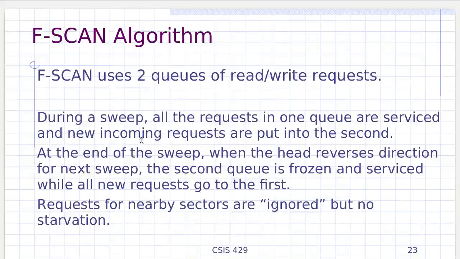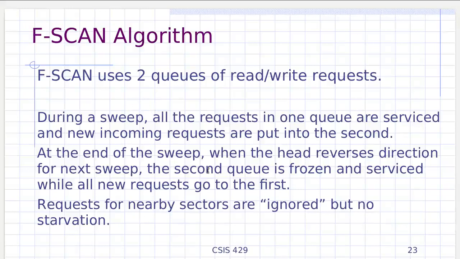At the end of the sweep, let's say it's going from the outer to inner, you reach the innermost track, the head will reverse direction and head back to the outermost track. During that sweep the first queue is locked and you're not going to make any changes, and you service the second queue, and any new requests that come while you're taking things out of the second queue will go into the first queue.